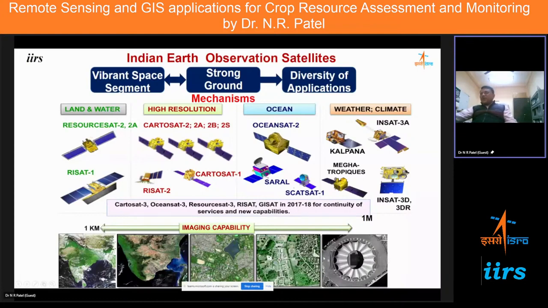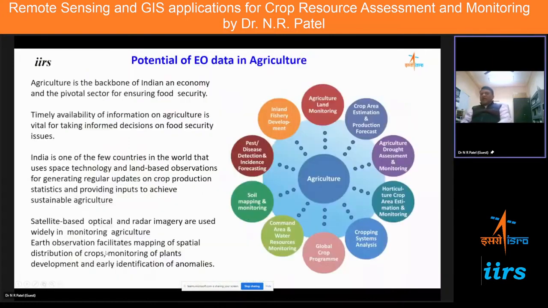As of now, we have the capability to get satellite images at a spatial resolution of almost 1 meter to 1 kilometer at different time intervals. In India, there is an enormous potential of satellite remote sensing in agriculture, because India itself depends on agriculture for its livelihood.